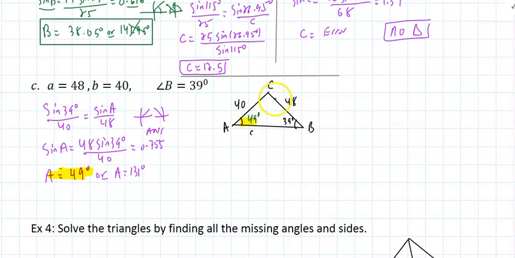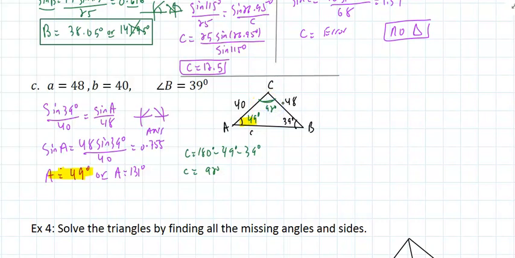What does that mean? That means this angle right here is 180 minus 49 minus 39 degrees. Angle C would be 180 minus 49 minus 39. That would be 92 degrees.